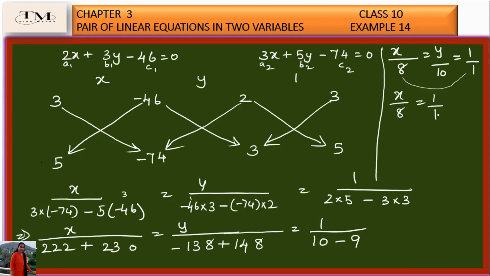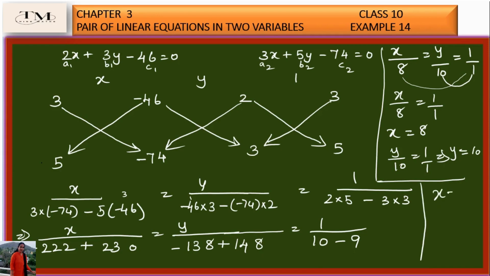Cross multiplying, 1 into x is x equal to 8 into 1 is 8. So we got x is equal to 8. Next, equating these two, y divided by 10 is equal to 1 divided by 1. On cross multiplying, y into 1 is y, which is equal to 10 into 1 is 10. So we got the solution as x is equal to 8 and y is equal to 10.